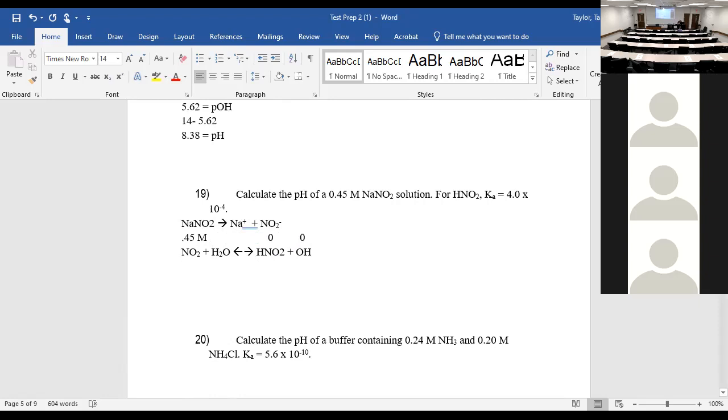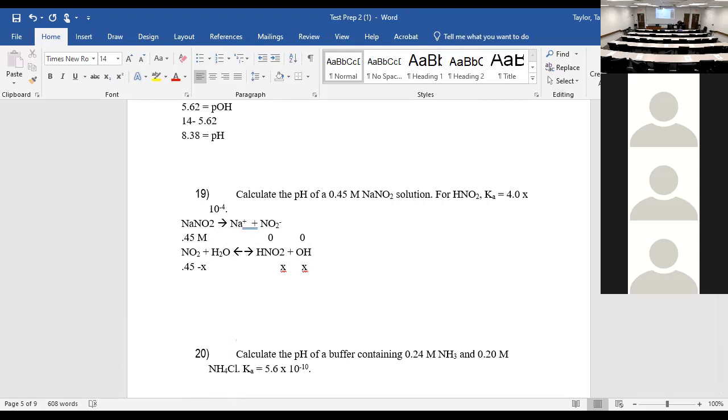And then we know 0.45 minus X, and X and X. And we have the Ka, but we need the Kb. So we're going to do Kb is equal to Kw divided by Ka.